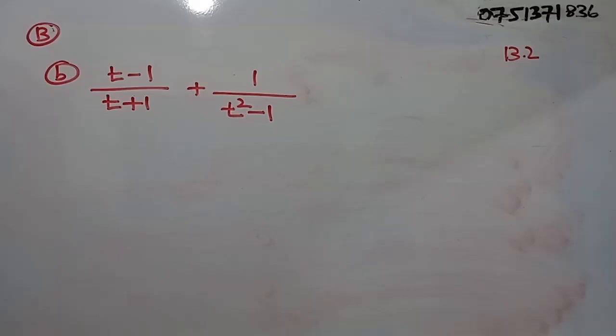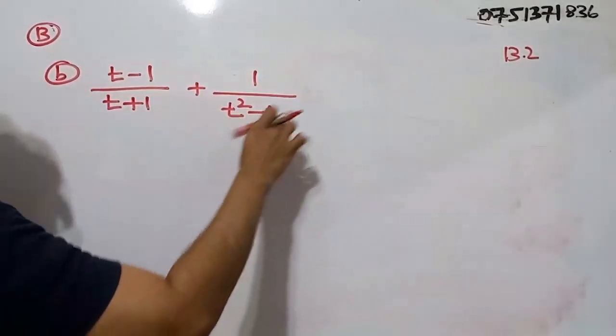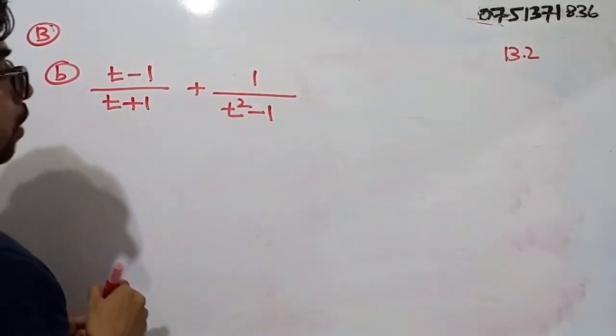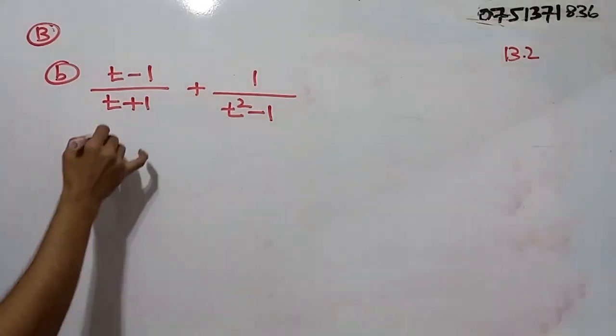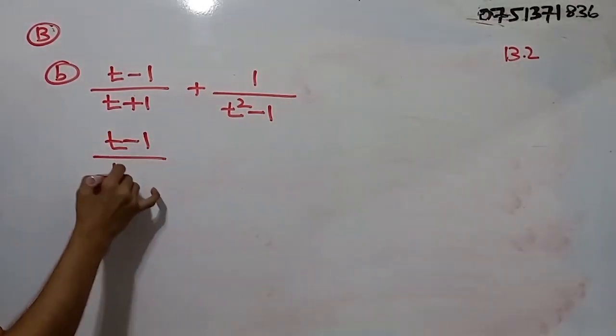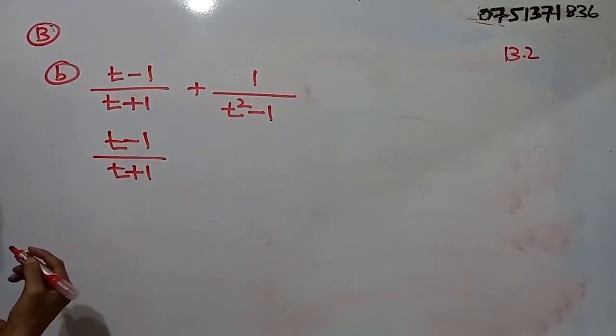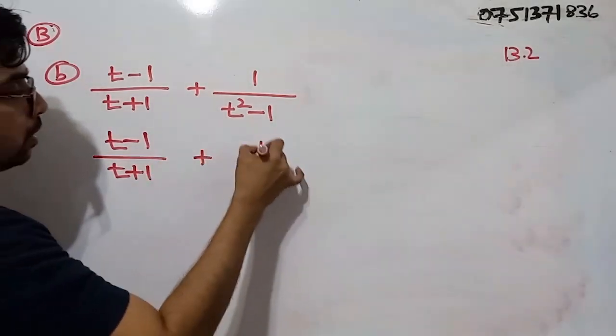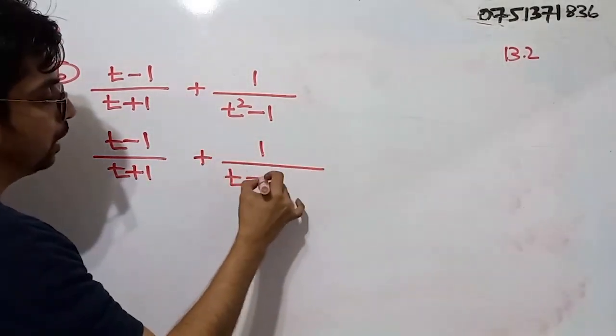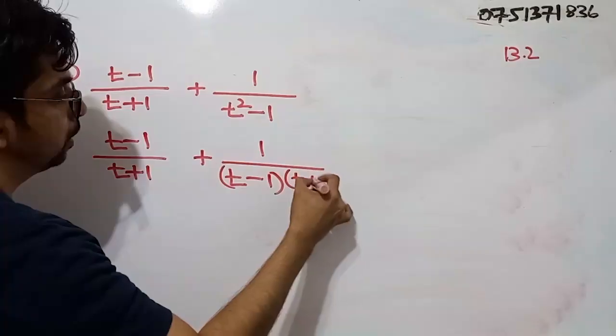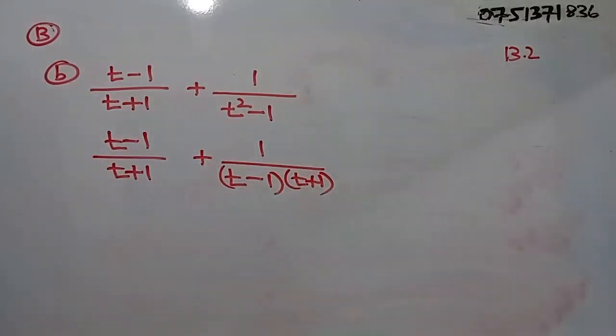Okay, so the next one. Here also we have to rewrite the denominator of the second fraction. So this should be (t - 1)(t + 1). No changes to that one. Plus 1 by (t - 1)(t + 1).